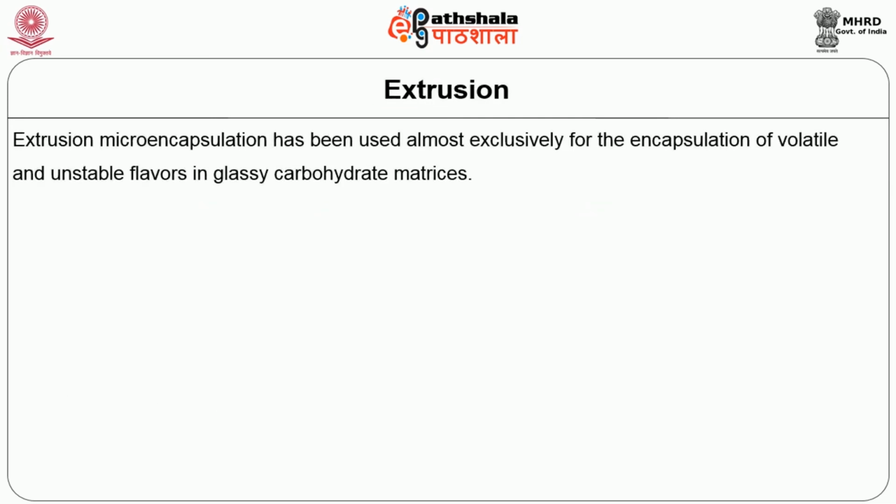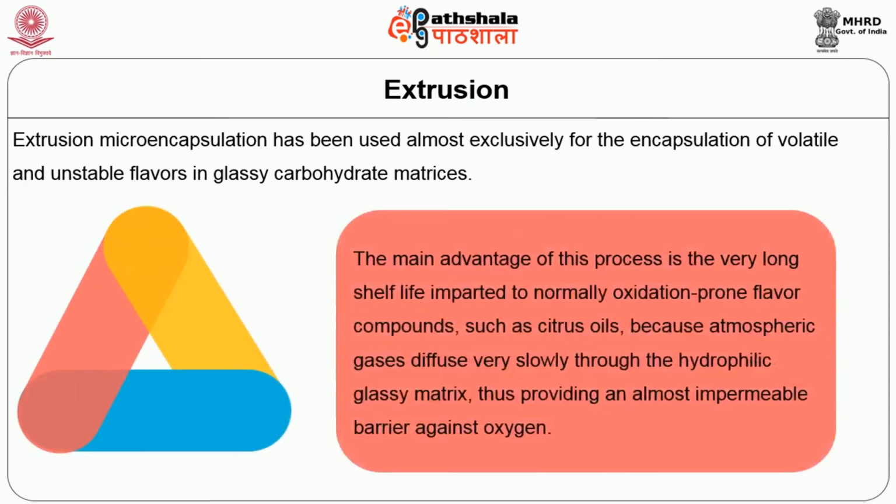Extrusion. Extrusion microencapsulation has been used almost exclusively for the encapsulation of volatile and unstable flavors in glassy carbohydrate matrices. The main advantage of this process is a very long shelf life imparted to normally oxidation prone flavor compounds such as citrus oils, because atmospheric gases diffuse very slowly through the hydrophilic glassy matrix, thus providing an almost impermeable barrier against oxygen.